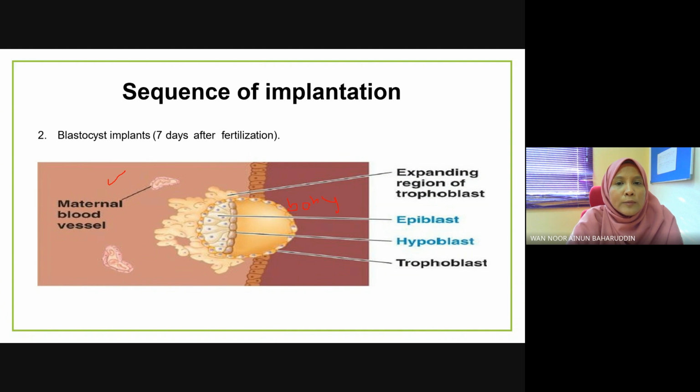The trophoblast will expand its region, trying to attach more to the mother's blood vessels and the cell walls of the uterus. And then the blastocyst develops into the epiblast, the outer layer, and the hypoblast. This one.